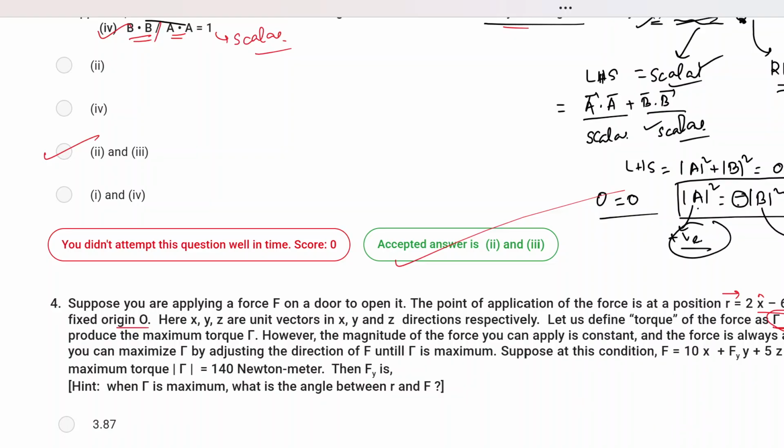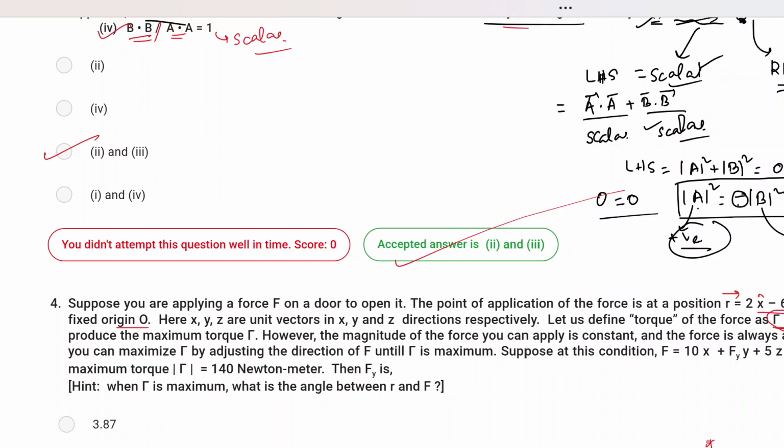Now tau is r cross f. However, the magnitude of the force is always applied at the same point P. So let us say that your force is being applied at a point P, and the expression is tau vector is r cross f. So let's say I can draw my force like this.